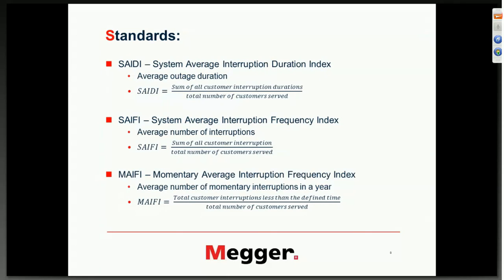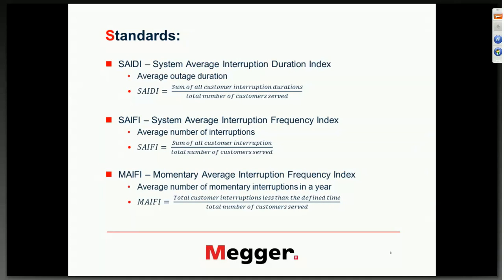It is a ratio of the sum of all the customer interruption durations divided by the number of customers served. So you want to keep this index within the threshold, because the higher the index, the more interruptions there are in your system, and generally customer satisfaction is very low when you have lots of interruptions.